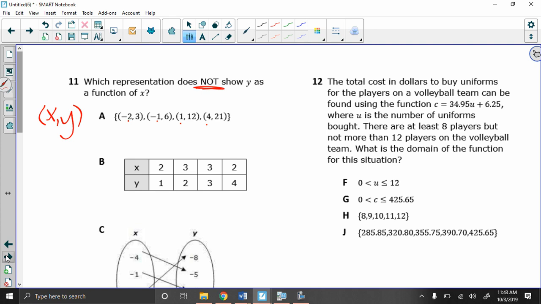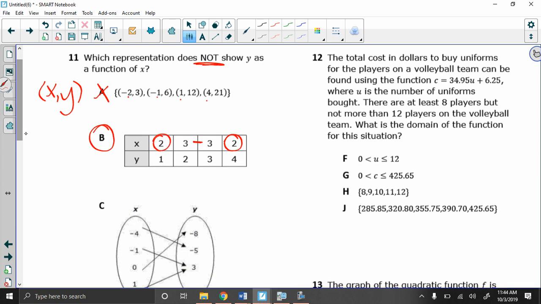That is a function, so not one of our answer choices. If we look at B, we see that 2 repeats and then 3 repeats. So B would be the correct answer choice because those 2 x values repeat.